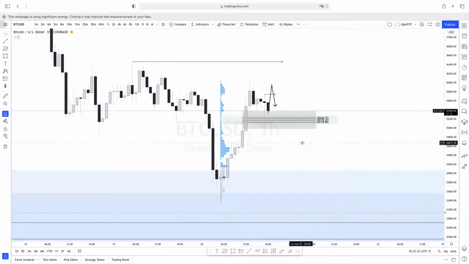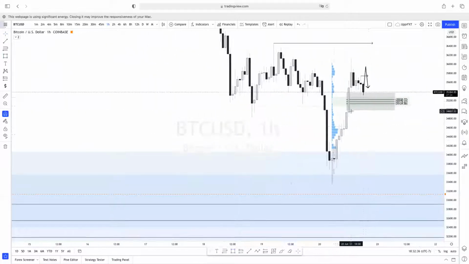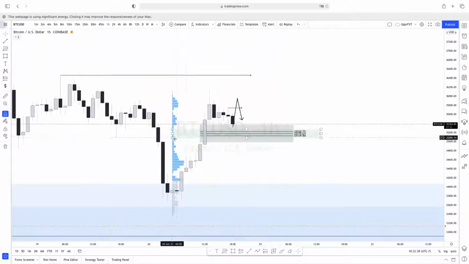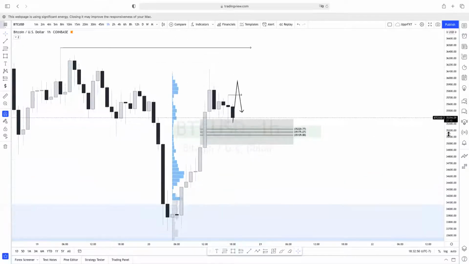Just personally, always backtest yourself. But I use these low volume areas as targets. So if I'm going to sell, I'm targeting the areas of low volume, because low volume is also another area of inefficiency, just like an imbalance is an inefficiency in the market.